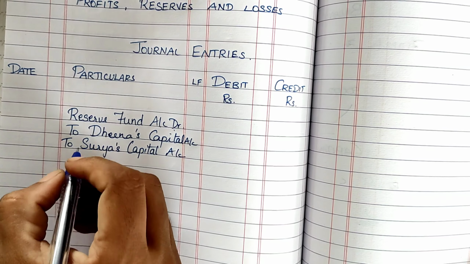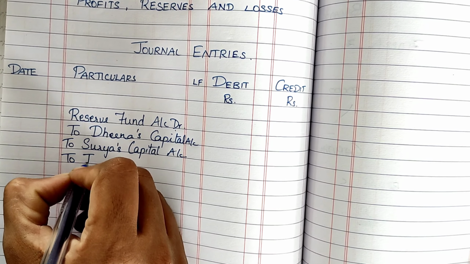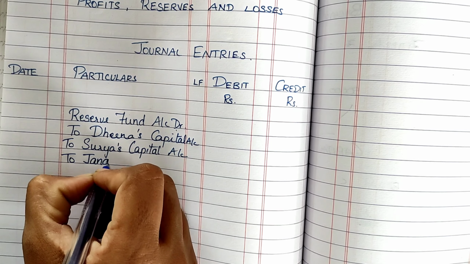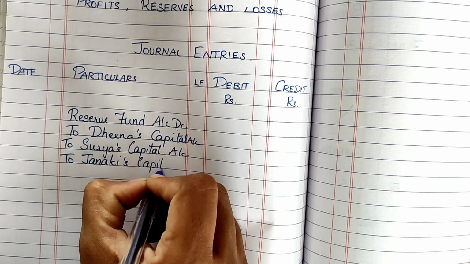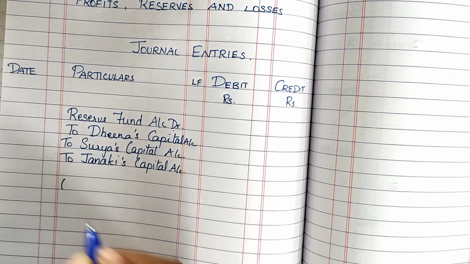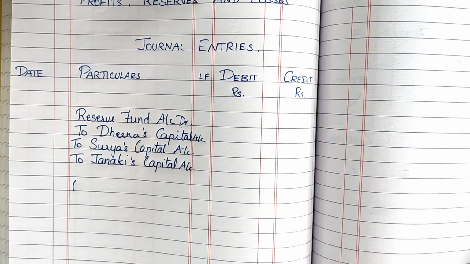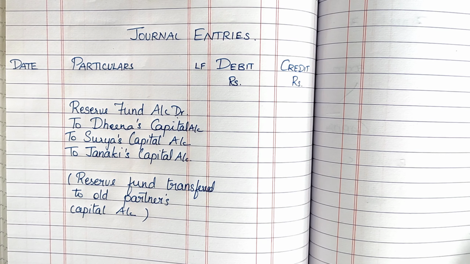So to Janaki's capital account. Deena is a partner who is retiring and his share of profit also will be given. You can write down the narration as reserve fund transfer to the old partners' capital account.